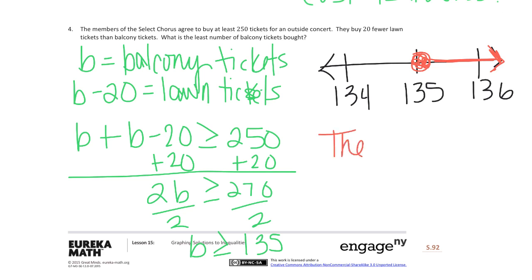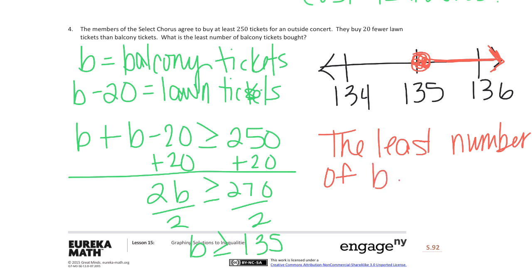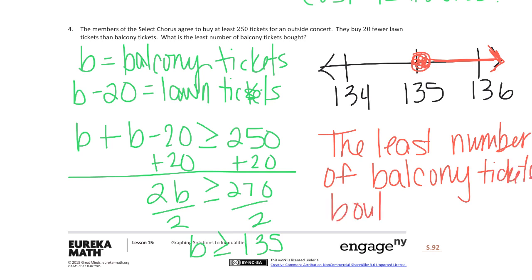So the least number of balcony tickets bought is 135.